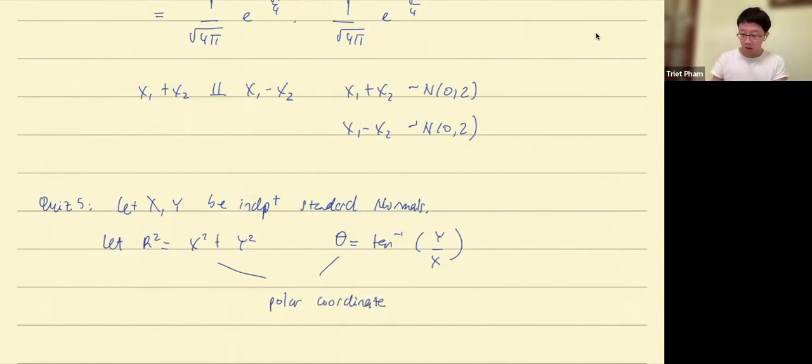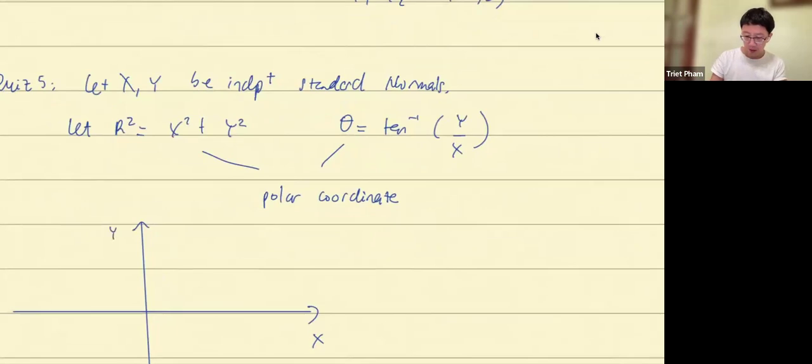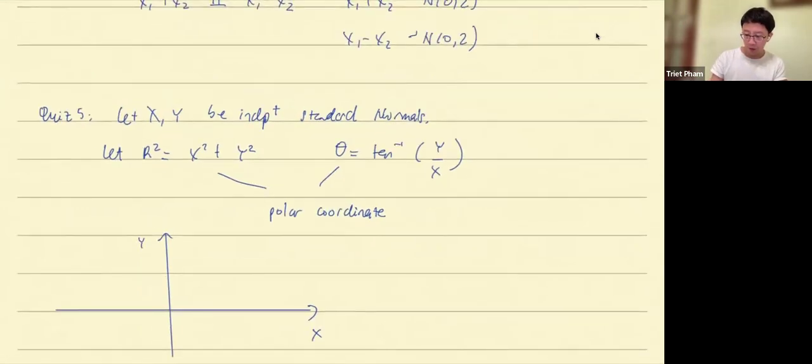Right. So what this is really talking about, at least in terms of the geometry of it, is that you have rectangular coordinates, where you sample the points according to a normal distribution across each coordinate.